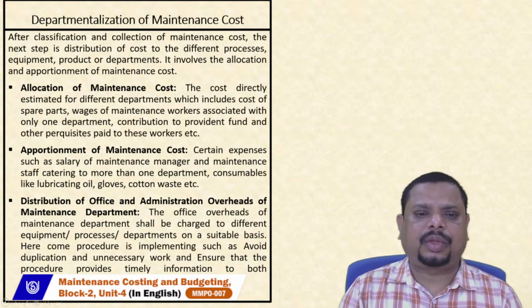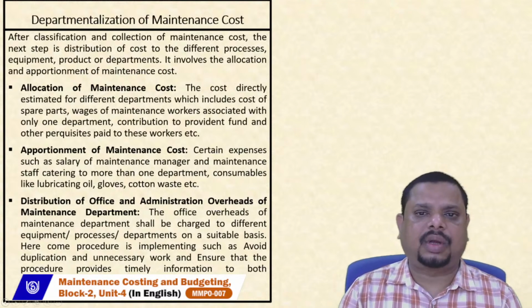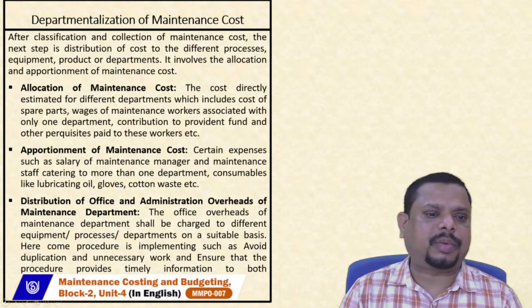For example, if a worker goes for 4 extra hours of work, the company will provide incentives or maybe bonuses. That cost is also included in the allocation of maintenance cost, especially for those who provide maintenance related work to that specific sub-department as well as department.